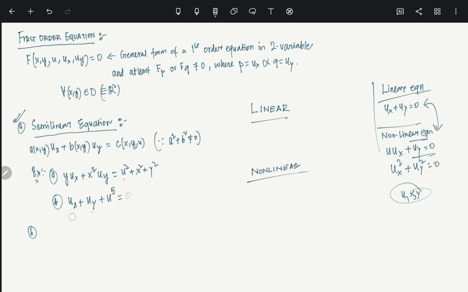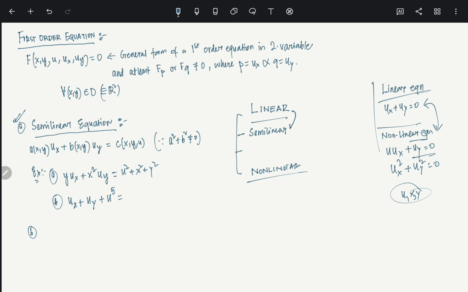But for solving this problem, between these two we are just putting two more. So one is a semi-linear equation. As I told you, semi-linear equations are equations which are linear with respect to the highest order derivative terms.